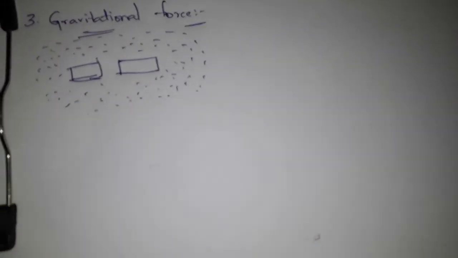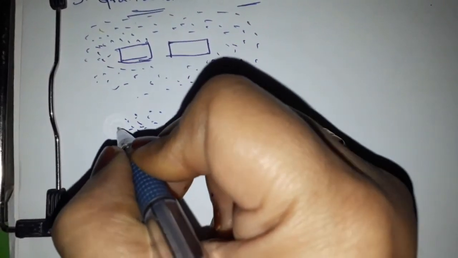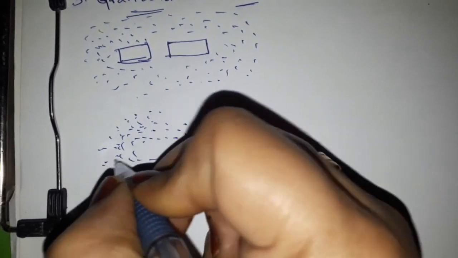Whenever you are moving this magnet here and there, what you will see is that the particles present will come into a definite shape, like this. They will form a definite shape. That means they are getting attracted somewhere.